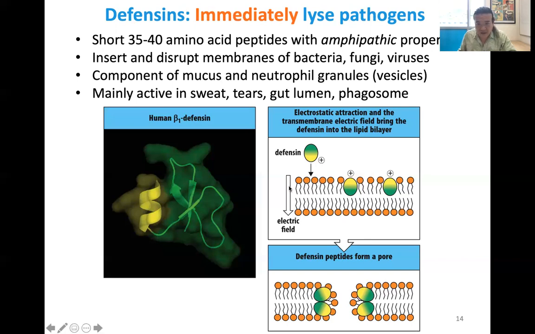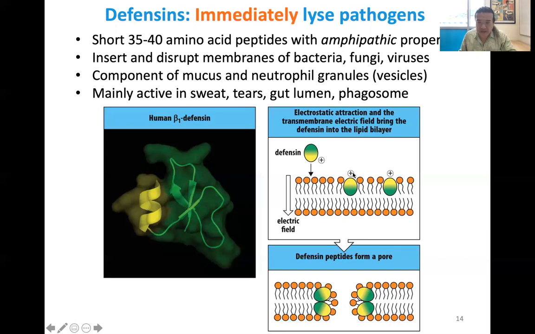So if these things are our phospholipid bilayer of the membrane of something like a bacteria, the defensin molecules, because they are amphipathic, the green part of them, the hydrophobic part, will naturally be much happier when the water molecules surrounding this shove them down into the hydrophobic interior of the membrane, right? Whereas the yellow part, the hydrophilic part, because it's charged, is very happy still facing out, where the water molecules out here are happily interacting with it.